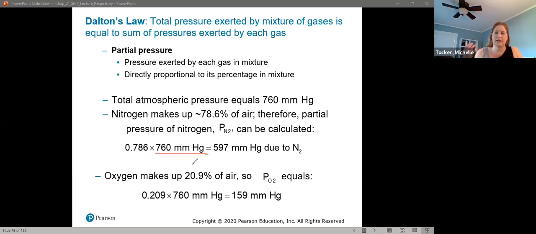In atmospheric air at sea level, oxygen makes up 21% of the air. So the partial pressure of oxygen, and I never go out to 0.209, I just do it as 0.21 times 760. And I think I end up with 160 if I'm correct.